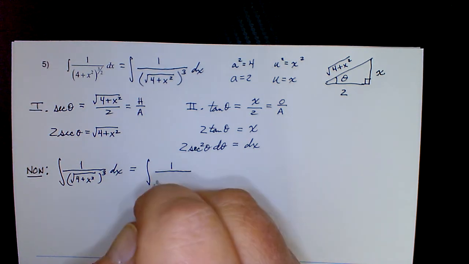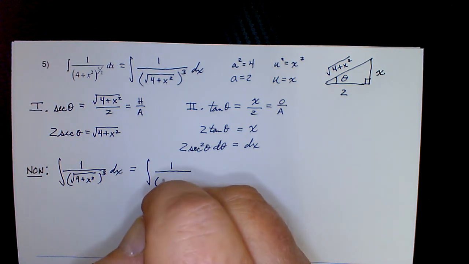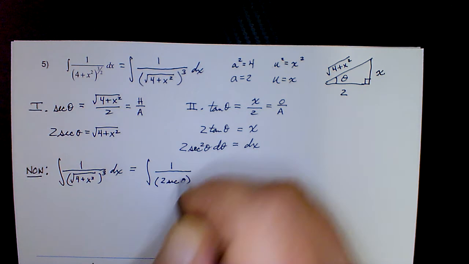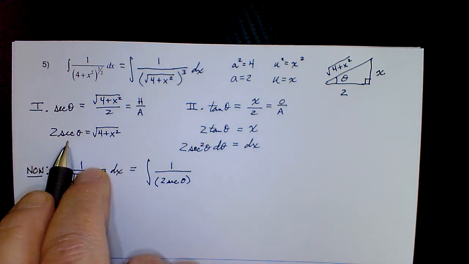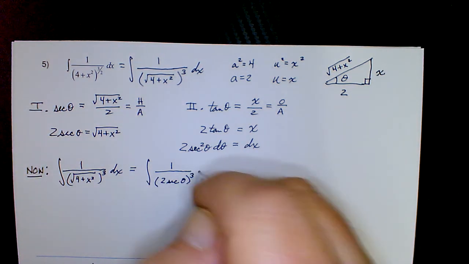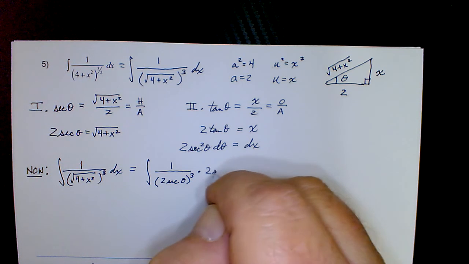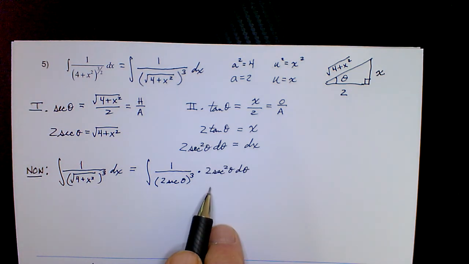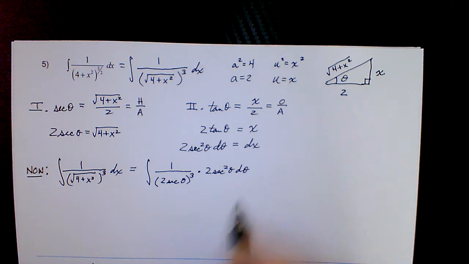We have 1 over, and then the radical from Roman numeral step 1 is 2 secant of theta, but that needs to be cubed. And then we have times 2 secant squared theta d theta, which is the differential dx.